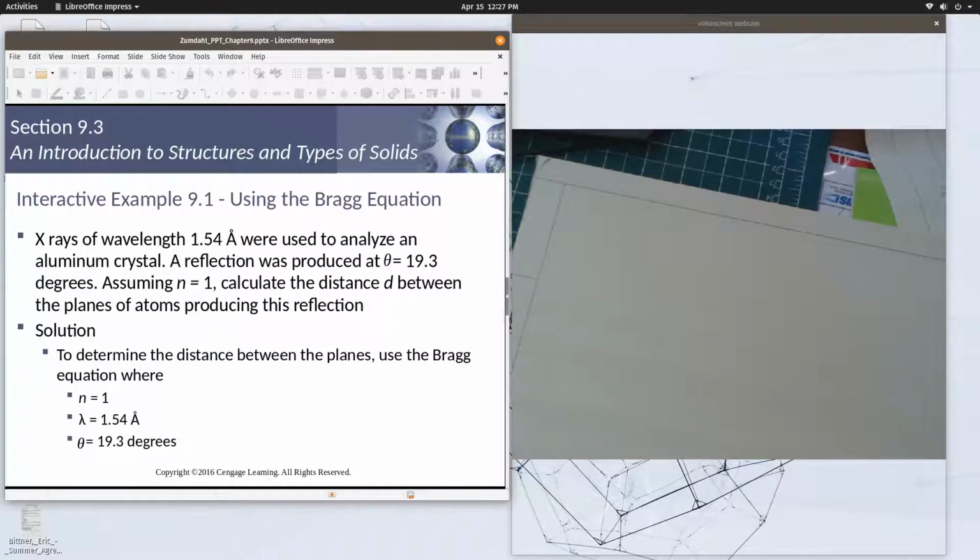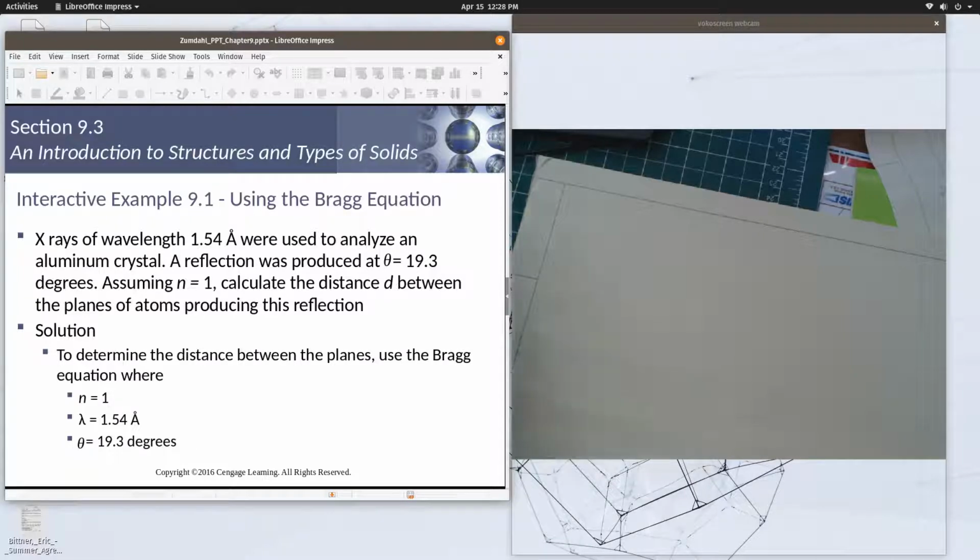So, for example, this angle is critical. If I look at X-rays scattering from an aluminum crystal, for example, I have 1.54 angstroms.